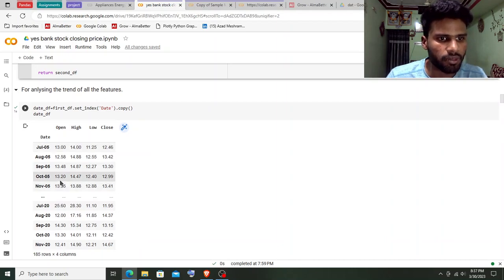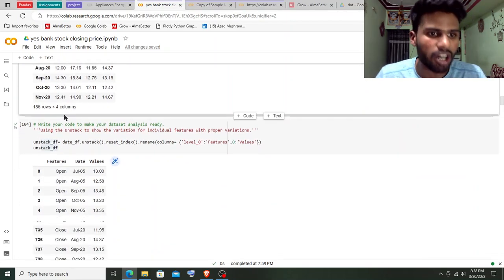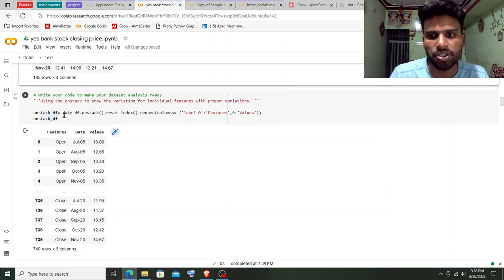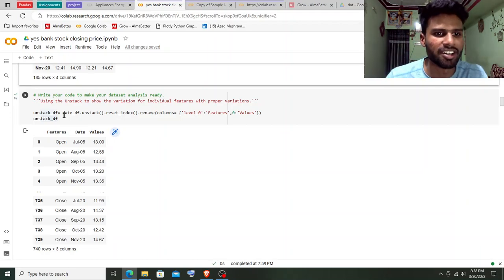Later on, I have copied this particular dataset for another purpose, for comparing all 4 features: open, high, close, and low, with their date, so that we could see on which particular date which data point has skyrocketed, or whether it is balanced, or whether it is maintaining its trend, or it has just increased.